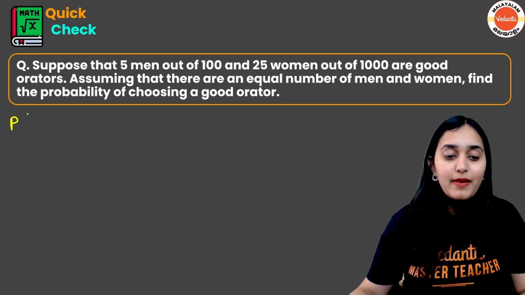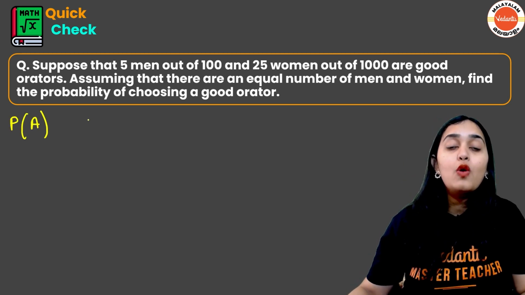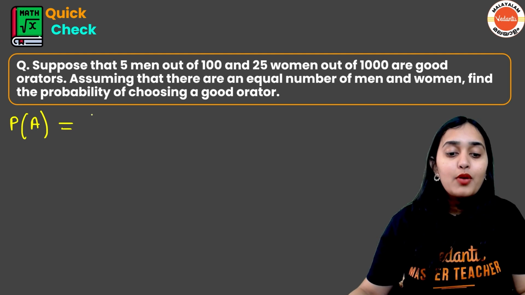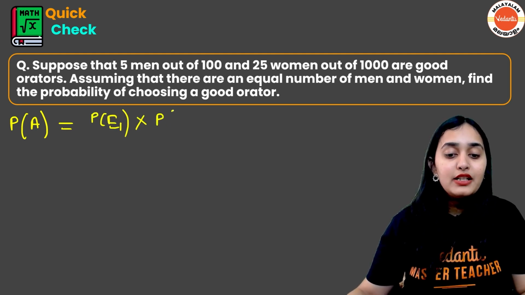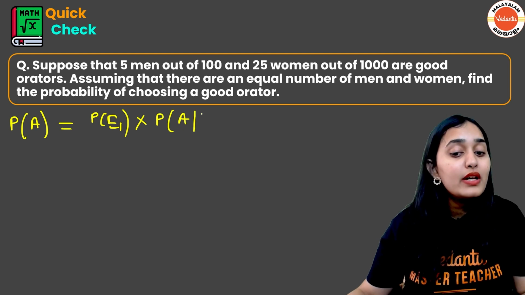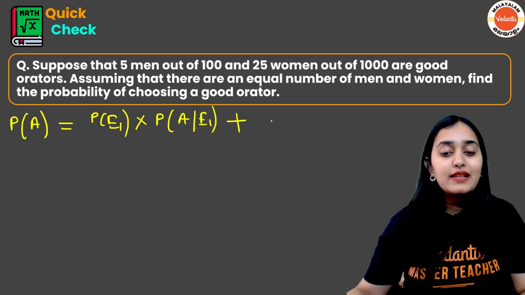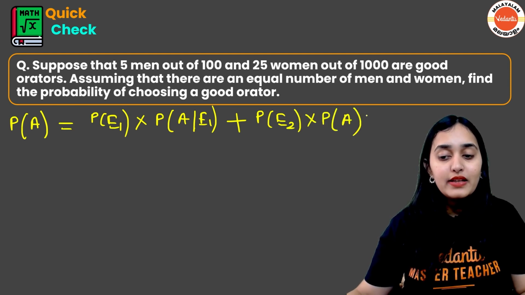So the total probability of choosing a good orator is the probability of choosing a man into the probability of choosing a good orator who is a man, plus the probability of choosing a woman into the probability of choosing a good orator who is a woman.